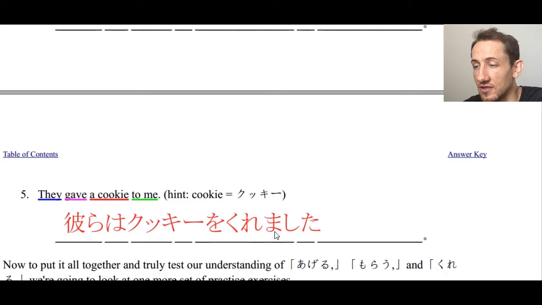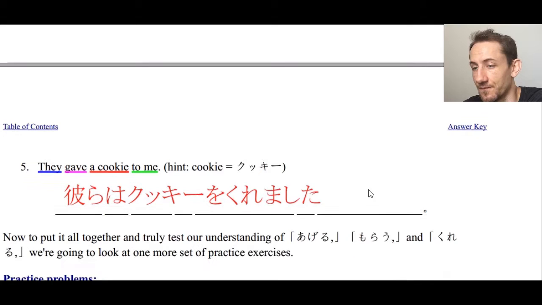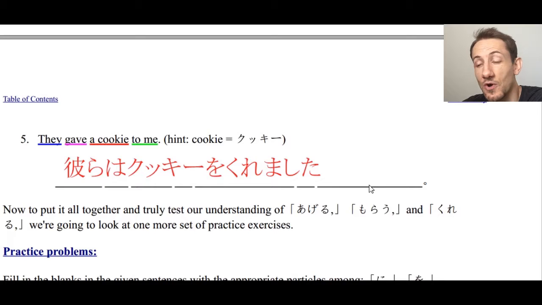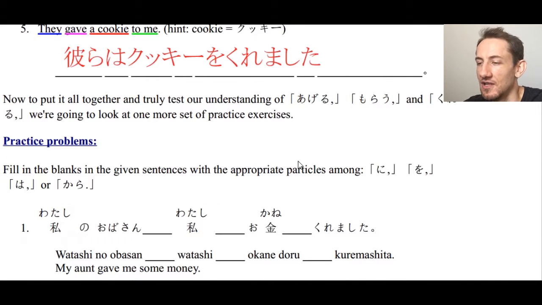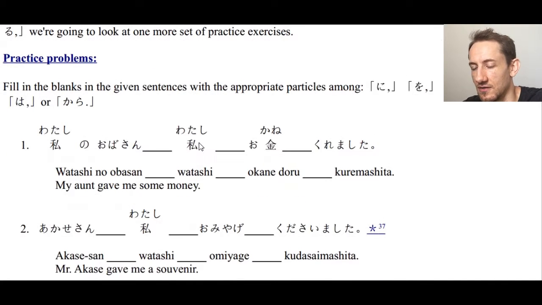And the last one, they gave a cookie to me. 彼らはクッキーをくれました。Okay, so that does it for kureru. Now we're going to do one more final practice problem or one final test. We're going to combine our understanding of ageru, morau, and kureru into one final exhibition of our knowledge.